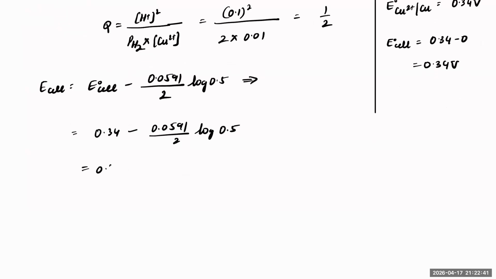That is equal to 0.34 minus approximately 0.06 and log of 0.5 is log of 1 by 2, which is log of 2 raised to the power of minus 1. So which is equal to 0.34 plus 0.06 into log 2, which is 0.3. Log 2 is approximately 0.3, everybody.